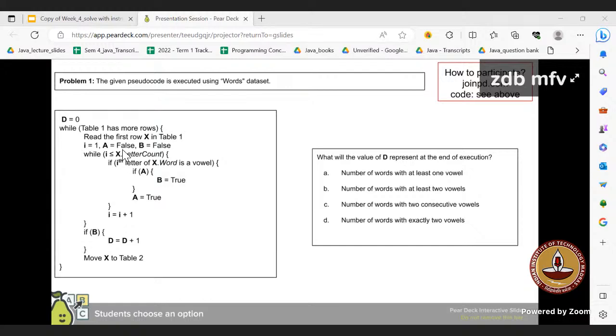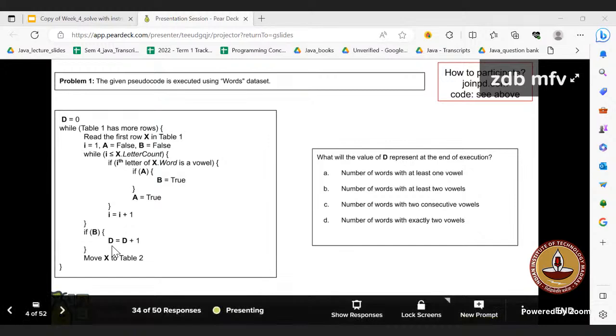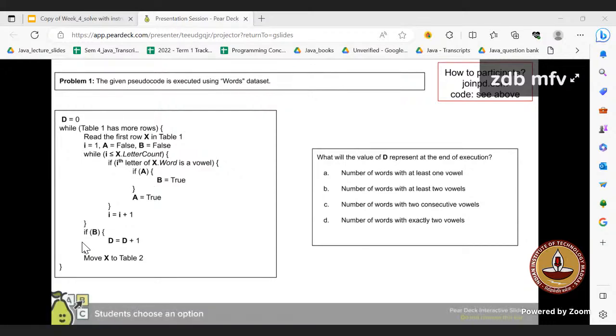So the condition is not mentioned inside the if block, no? Here the condition is not mentioned, just if A or if B is mentioned, so at that time you have to check for the values of A and B. Okay, not the condition, because condition is not given. Here the condition will be I greater than X dot letter count.